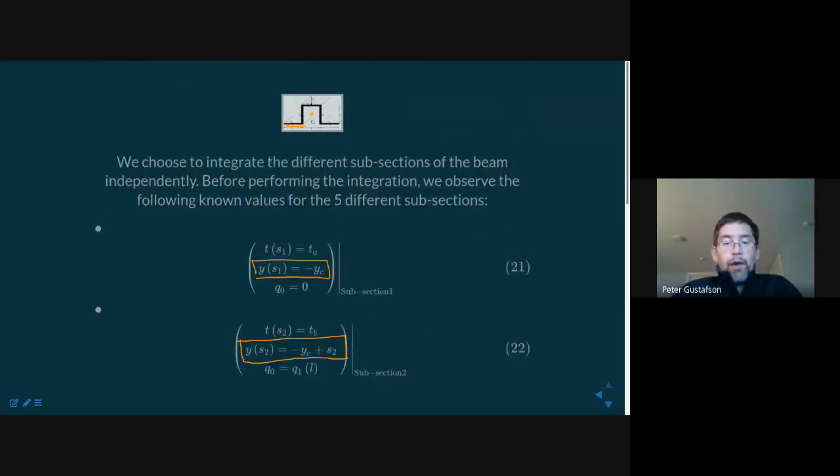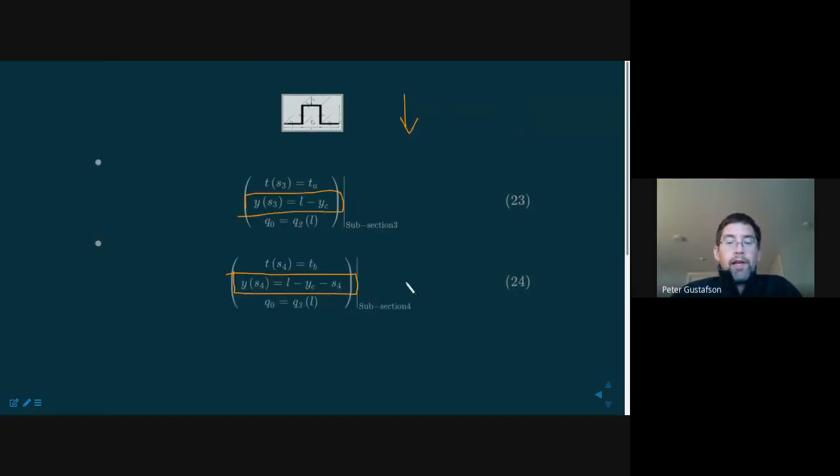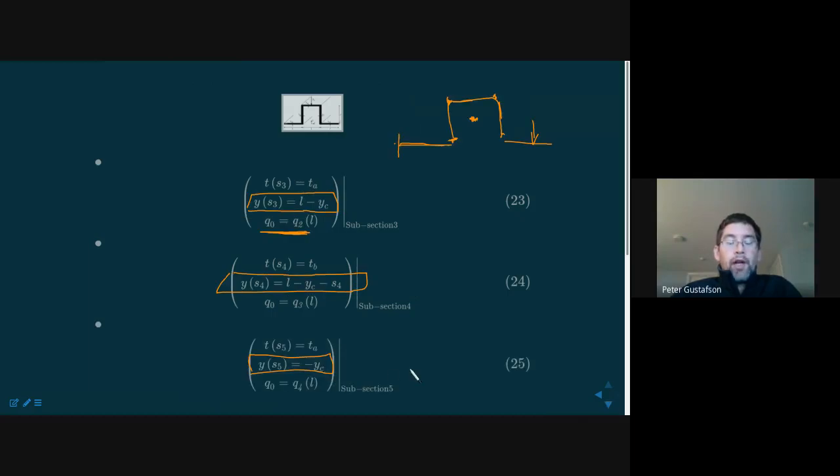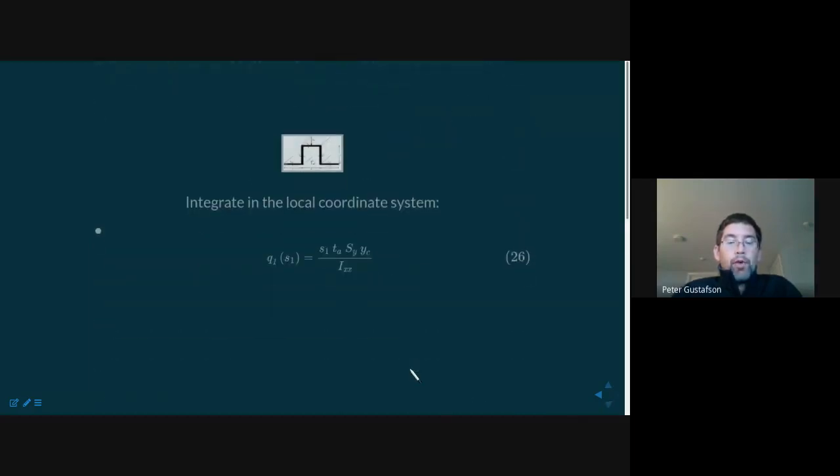And so if we integrate Y of S for each subsegment, here Y was a constant, here Y was linear with S, here Y was a constant, here Y is linear with S, and here Y is a constant again. So if we do these integrals, the first one was a constant. Since Y of S is a constant, it can just pull out.